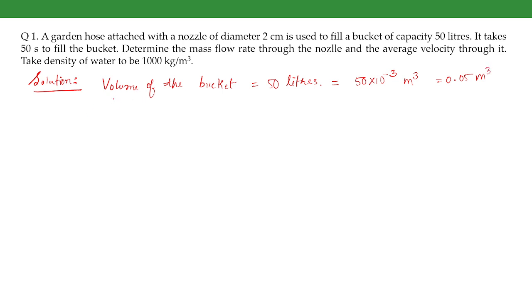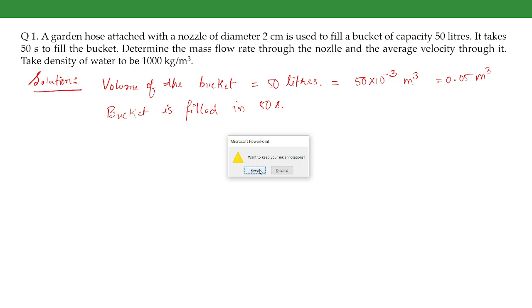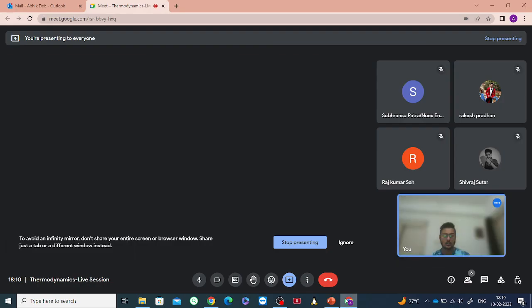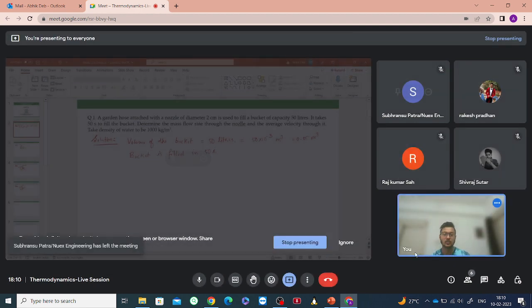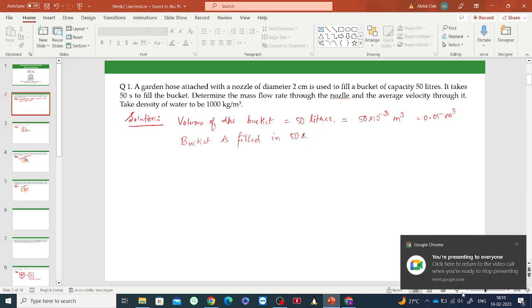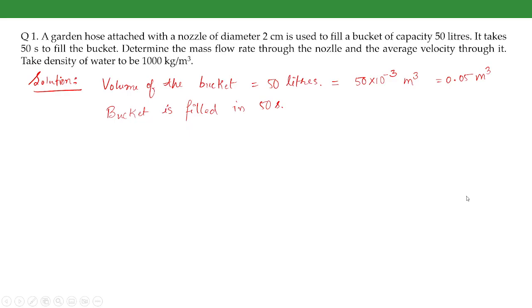The bucket is filled in 50 seconds, which implies that this volume of water comes out of the hose or the nozzle in 50 seconds.